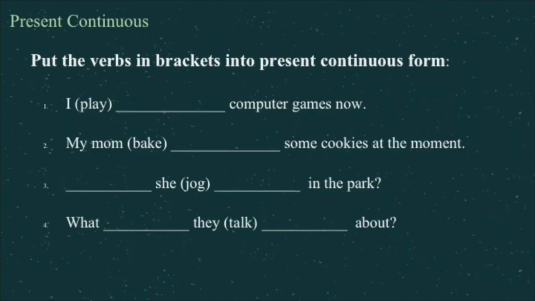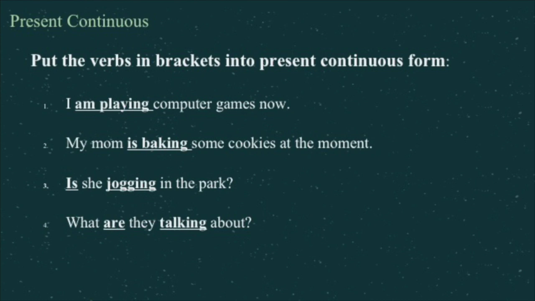Okay, practice time again. Pause the video and complete the sentences on the screen. Well, here is the answer. Number 1. Because the subject is I, so for the verb to be, we use am, and then we add -ing to the verb play. So we have I am playing computer games now.